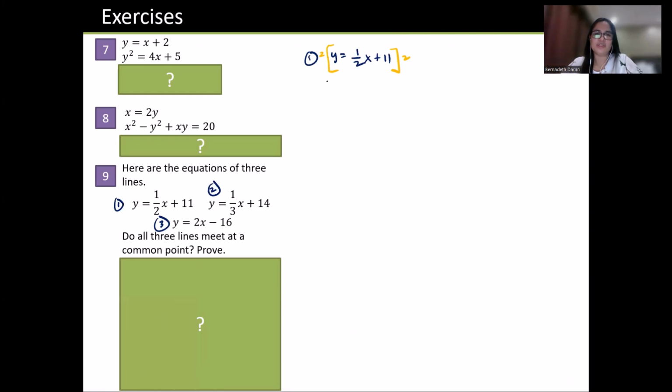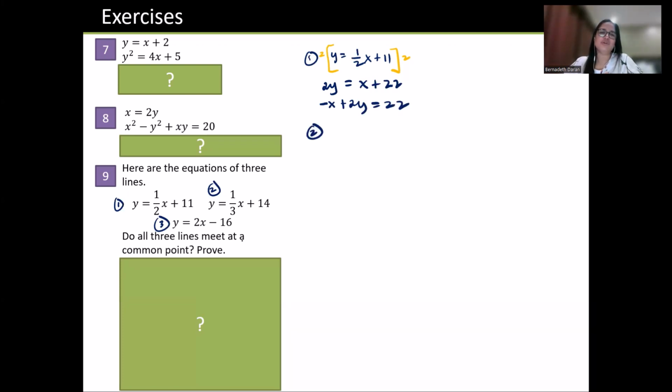So therefore, this is now 2y is equal to 1/2 x times 2 is x, and 11 times 2 is 22. And then let us arrange the variables. So we have negative x plus 2y is equal to 22.